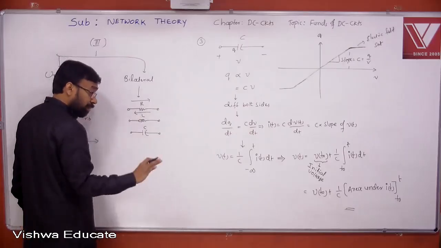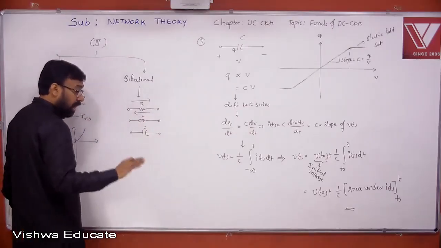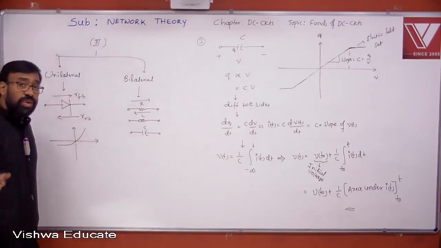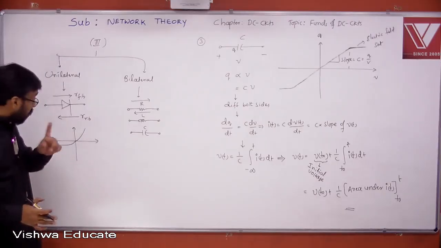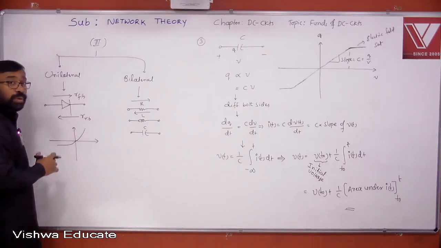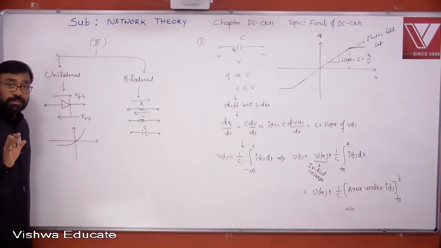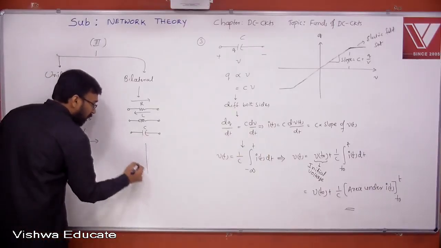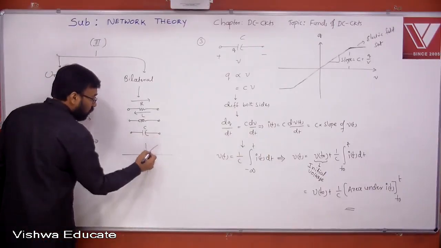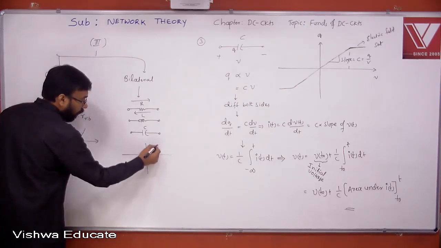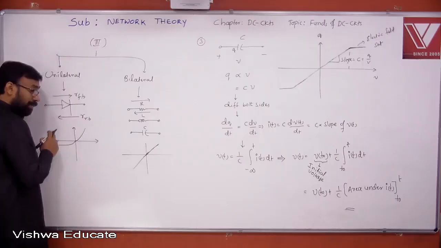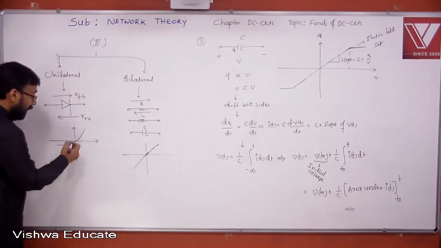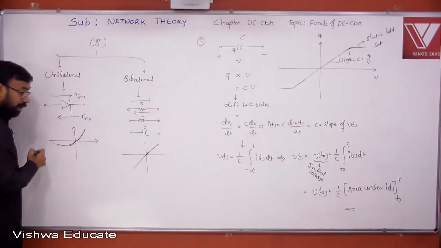L remains same, C remains same, R remains same, even though you reverse the current flowing through it. But if you reverse the current through the diode, the property is not same. Here the property looks same in both directions of the current, but the property is not same for the diode. It is something like this and something else you are getting here.